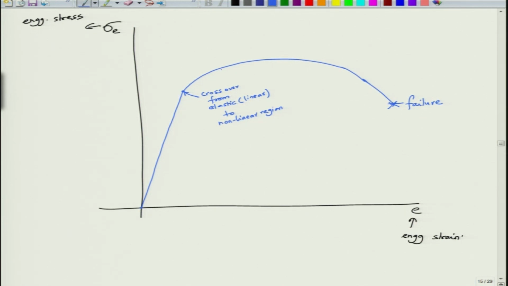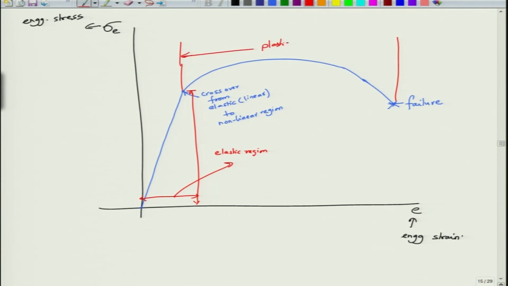Up to this point is the elastic region, and between this point and this point we have what we call the plastic region.